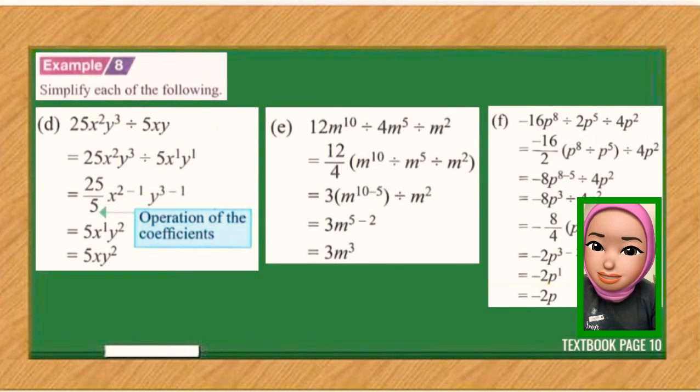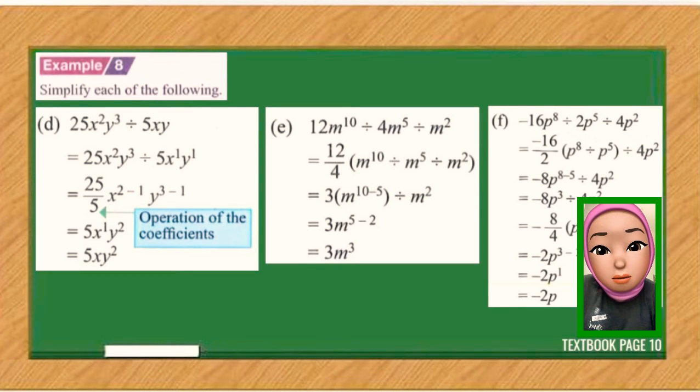Look at example E. 12m to the power of 10 divide 4m to the power of 5 divide m to the power of 2. This question involves 3 terms. Then what should we do? Again, step 1, you need to group together all the coefficients. 12 divide by 4 and then put it in a bracket.